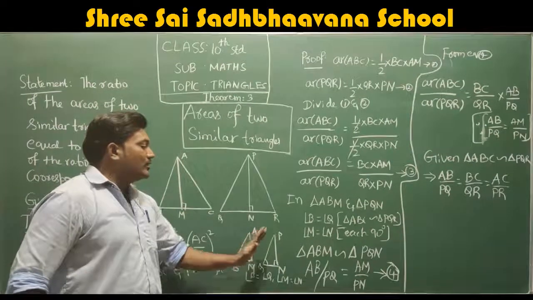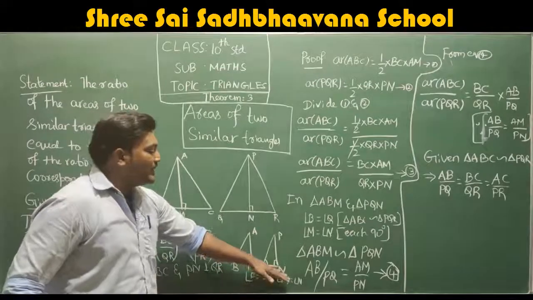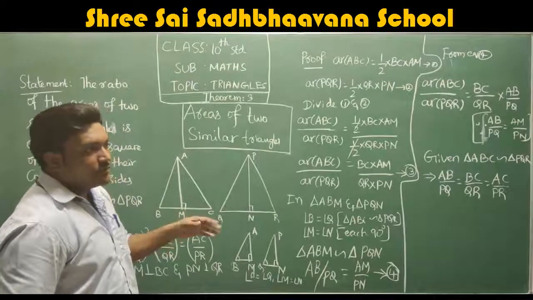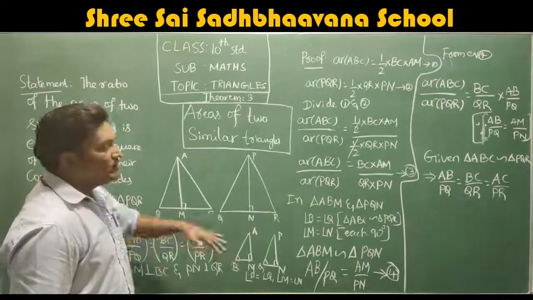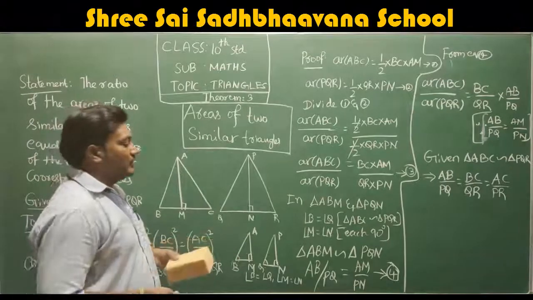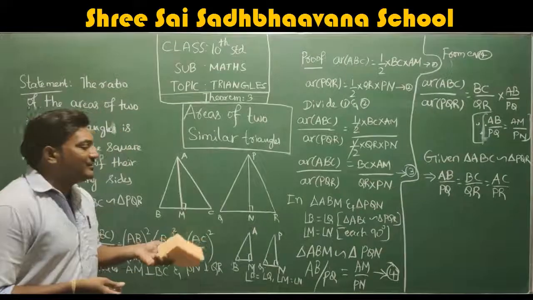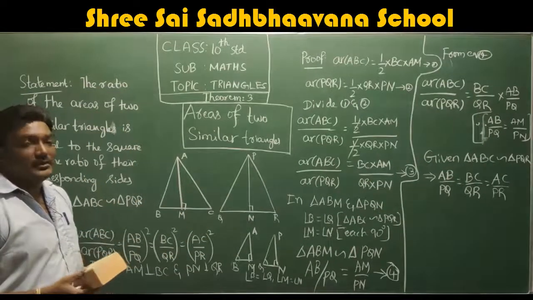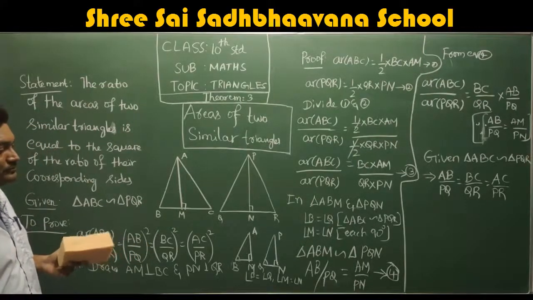So corresponding sides are proportional and angles are equal. Why am I teaching this in this theorem? Because we are going to use this concept. I hope you understood.